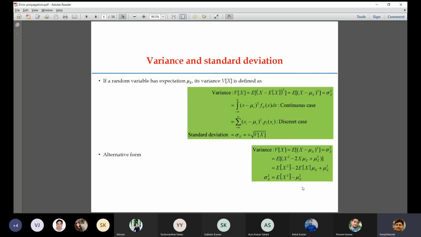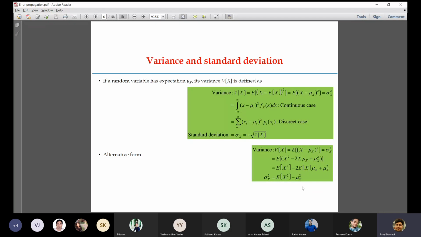So sigma x square is equal to expectation of x square minus mu x square. I think we have seen this in the basic measurement and errors slide. At that time I told you that when you open it up, you will get a similar value. I'm just giving a moment so that all could follow. If you have any doubt, you just simply ask.